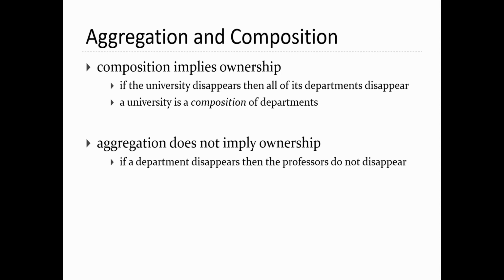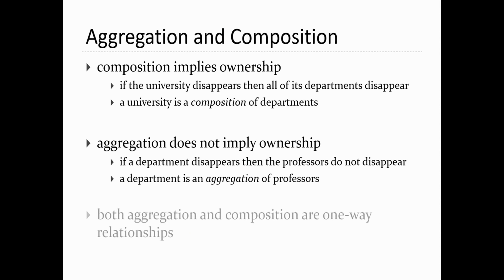If computing science were to disappear, I might still be a professor, just not at Queen's anymore. The role of being a professor does not necessarily disappear. In other words, the department does not own me. So a department would be an aggregation of professors.